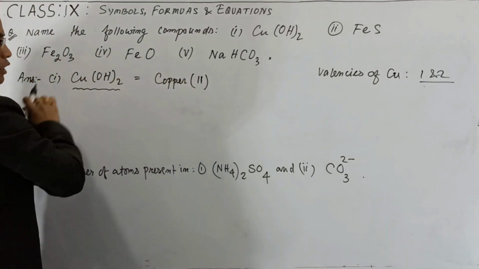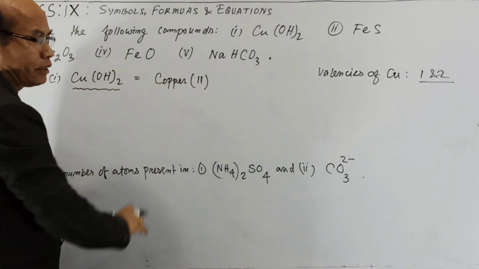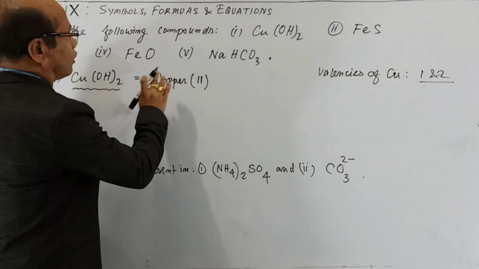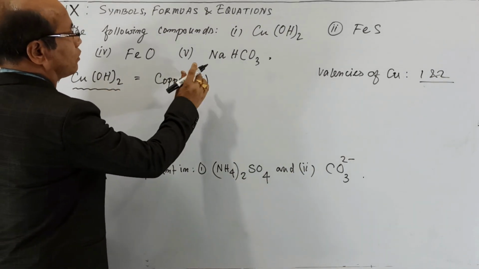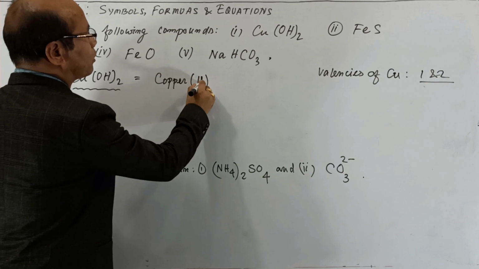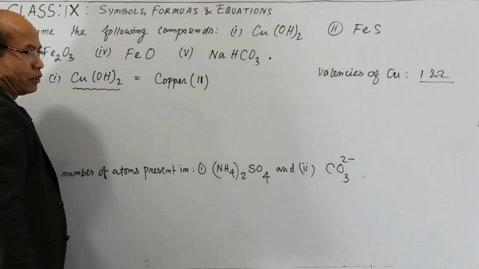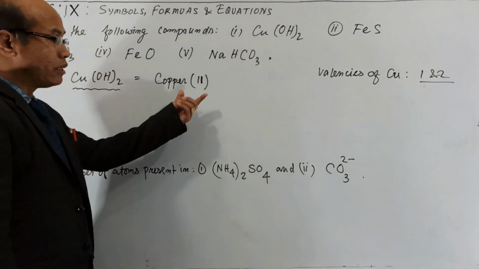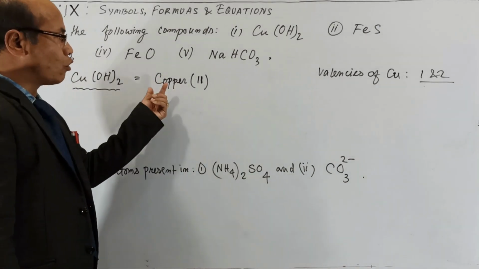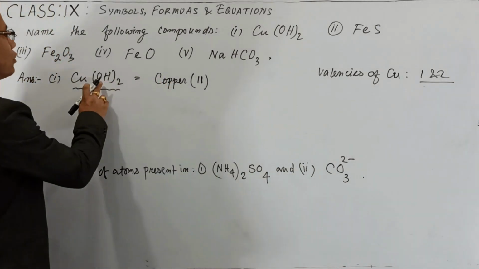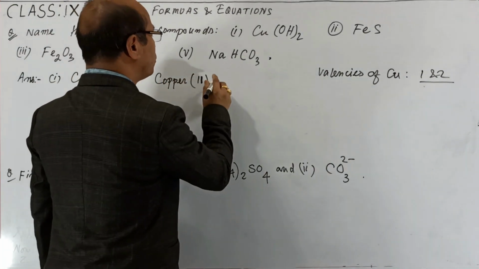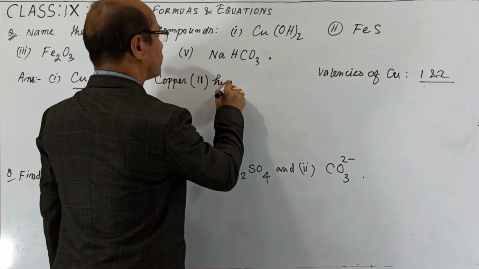This 2 means valency 2. Here you have to write the Roman numeral only to show the valency of the copper within brackets like this. Copper 2. And then you come to this part. What is this? This is hydroxide. Copper 2 hydroxide.